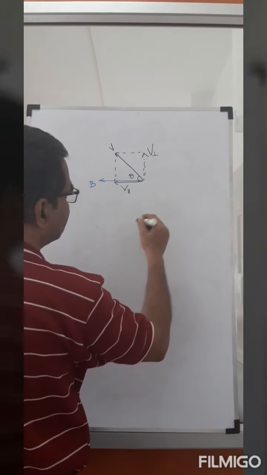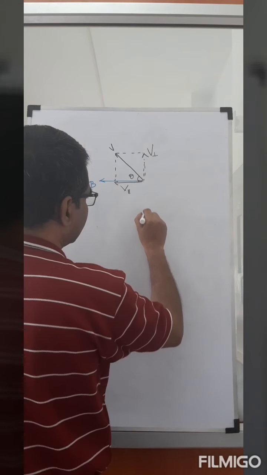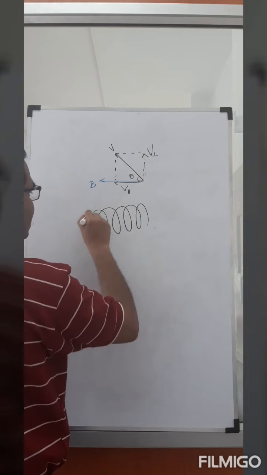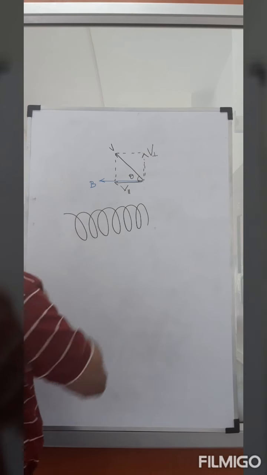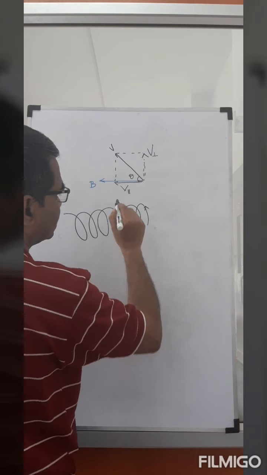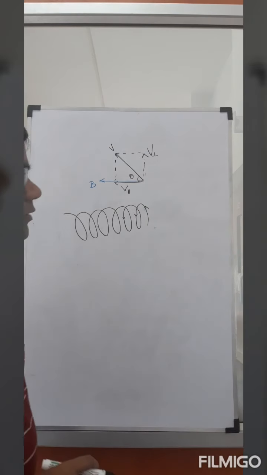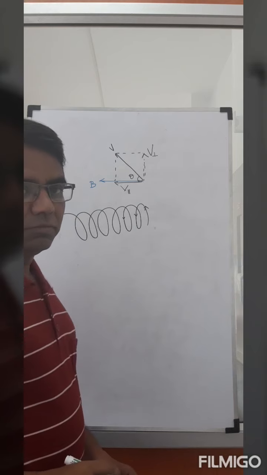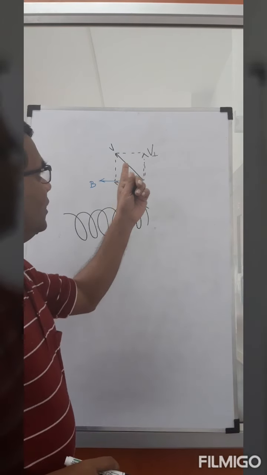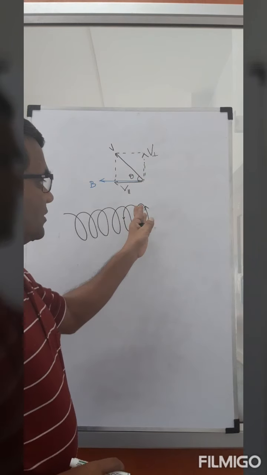So clearly, the body will go like this. So we just saw what would be the radius of this circle.